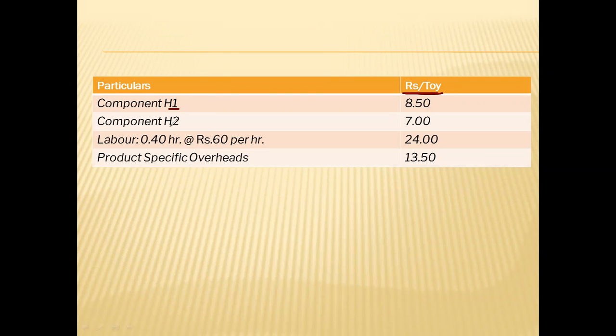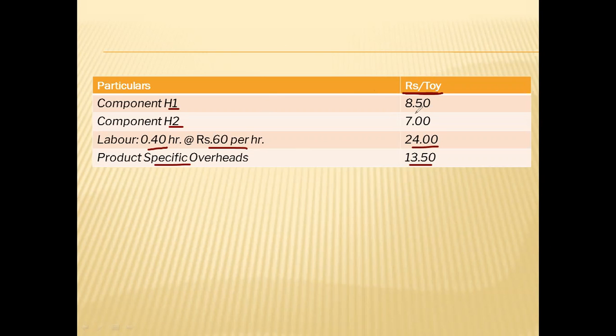Component H1 is 8.5 per toy. H2 is 7. Labor is 0.40 hour at the rate of 60 per hour, so it will be 24 rupees per toy. And overhead cost is 13.5 per toy.